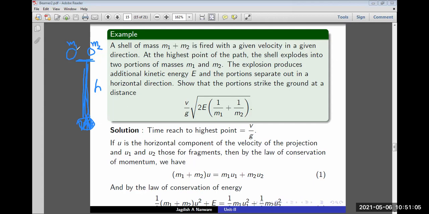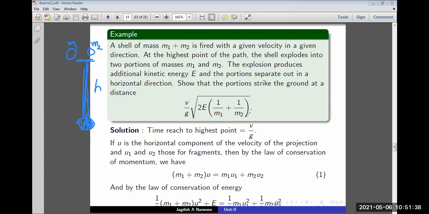So when this explosion took place, these two portions reach the ground at a distance. That distance is given by this formula: u upon g into square root of 2 times E, where E is the additional kinetic energy produced due to the explosion, into 1 by m1 plus 1 by m2.